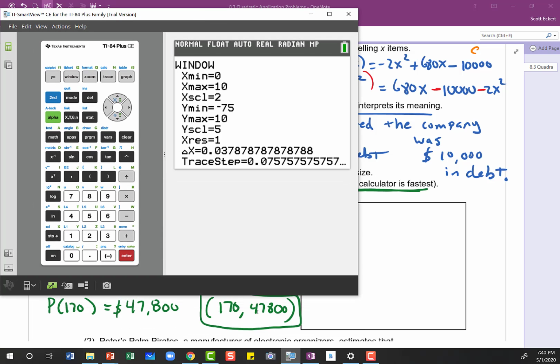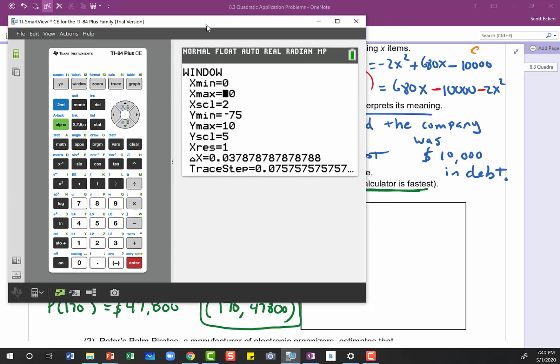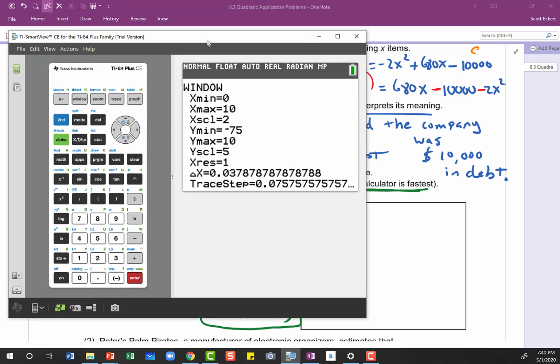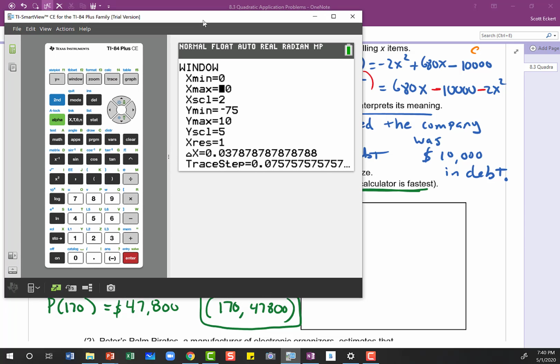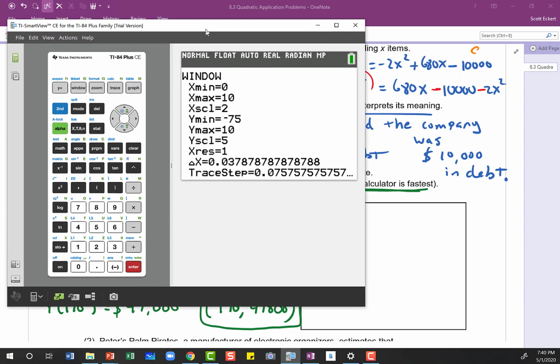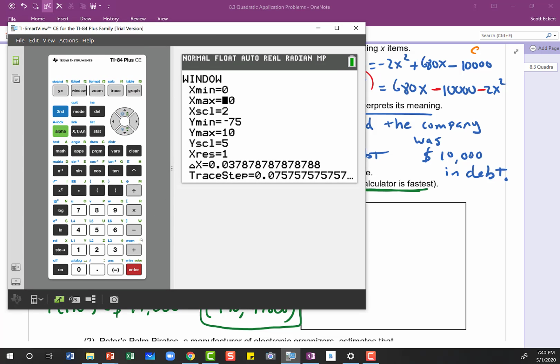The vertex was 170, so the x's have to go to 170. In fact, 170 is the vertex point, which is kind of like halfway. So I'm thinking at least double. So that'd be 340. If the vertex is halfway, double 170 is 340. I'm going to round it up to 350. So I'm going from 0 to 350 computers.